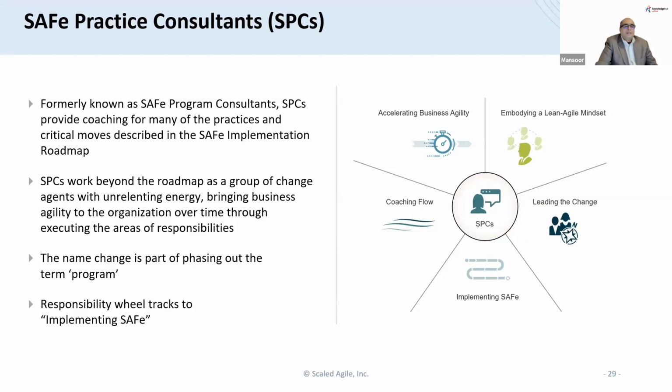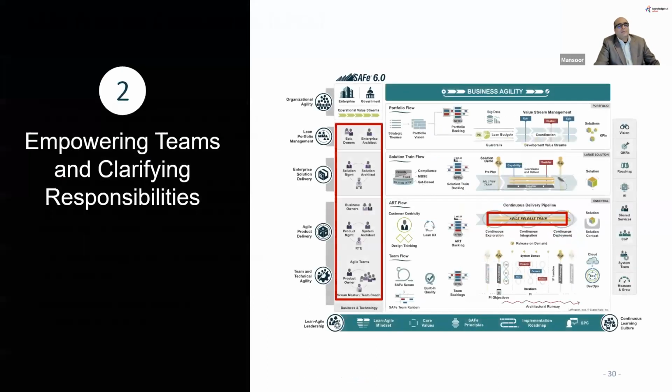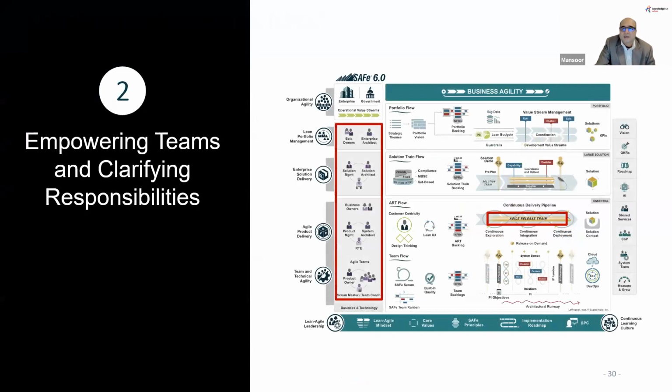Now let's look at the second theme. Let me close this out. All right. The second theme is empowering teams and clarifying responsibilities. Nothing beats an agile team, and further enhancing performance requires clearer and more explicit responsibility for each SAFe role.